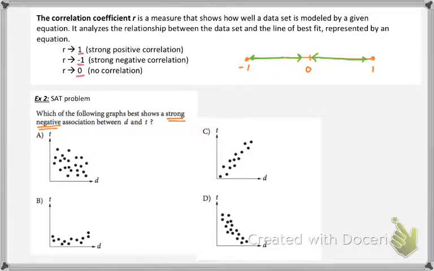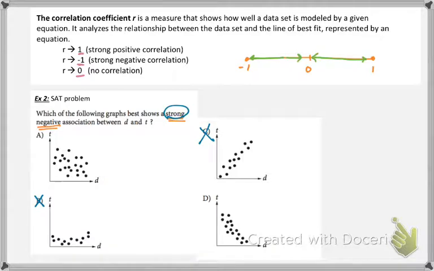And so I can immediately cross out option C, which shows a pretty strong positive correlation, and option D, which doesn't look like it's going up or down. So A and D are both negative, it looks like, but which one is stronger?